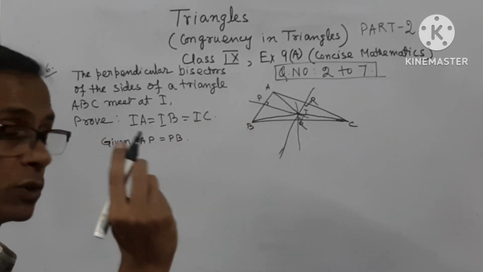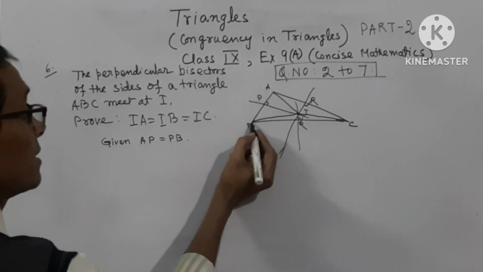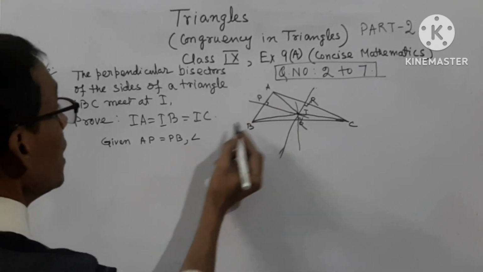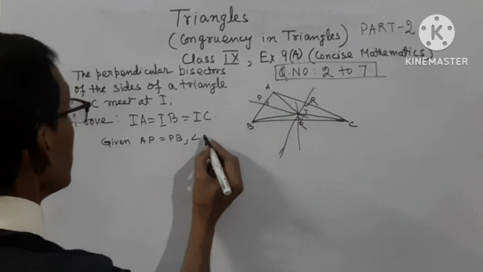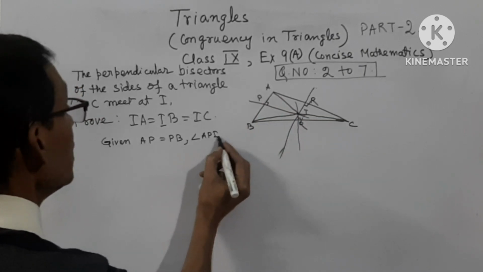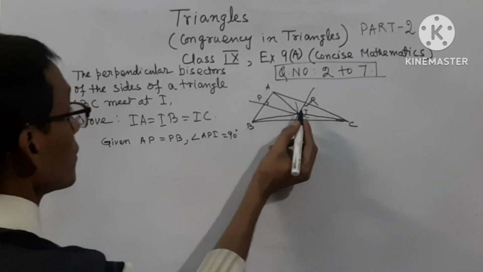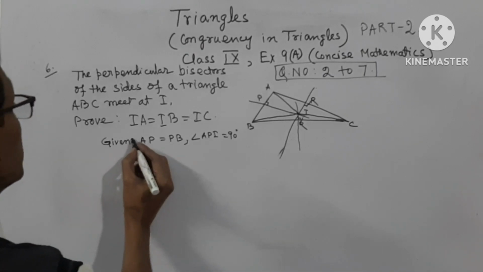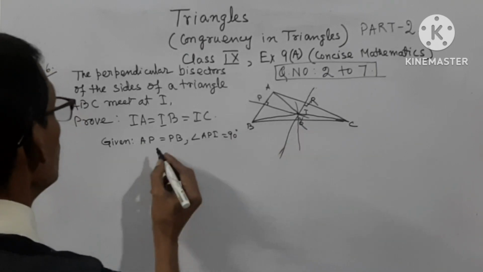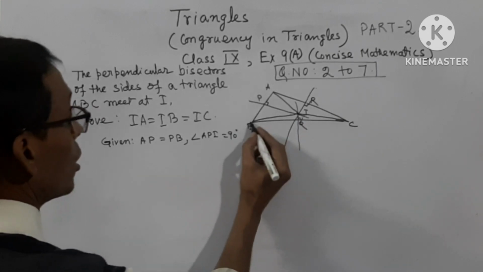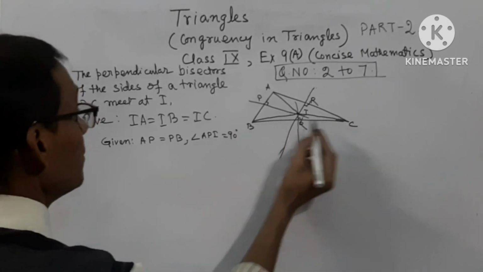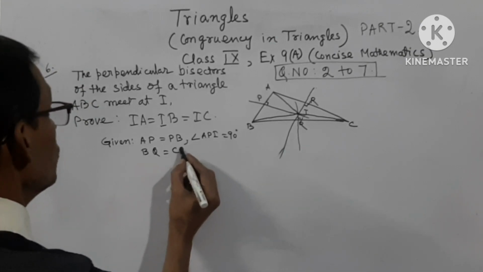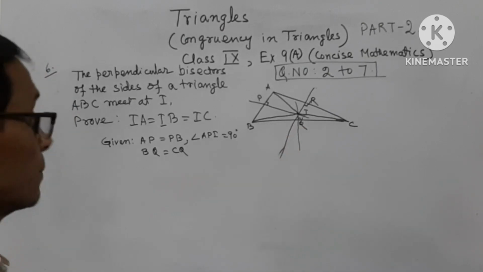Perpendicular bisector means two things. One is this is the bisector, that means AP equal to PB, and angle API equal to 90 degree, because IP is perpendicular on AB. Similarly, IQ is perpendicular on BC, and at the same time BQ equal to CQ, because Q is the midpoint.